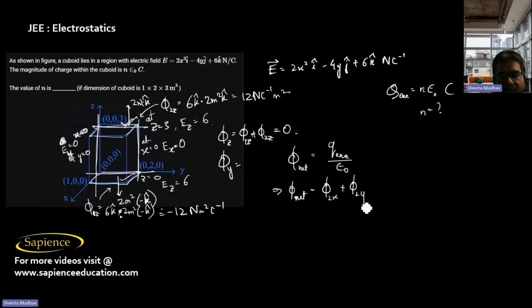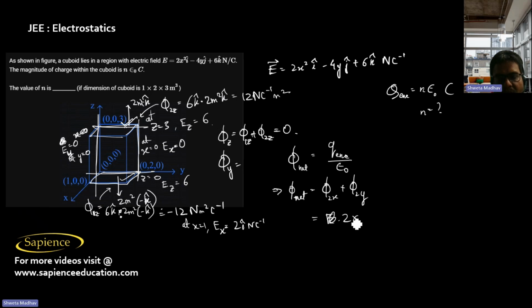For phi 2x, at x equal to 1, the x component of the electric field Ex will be 2 i cap Newton per coulomb.